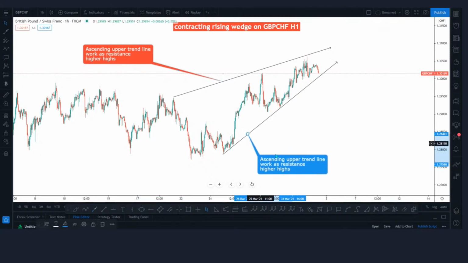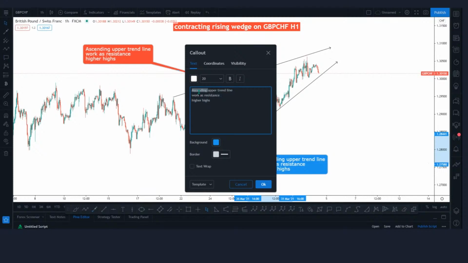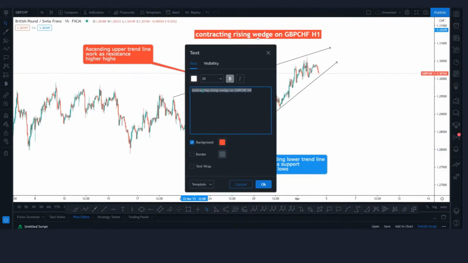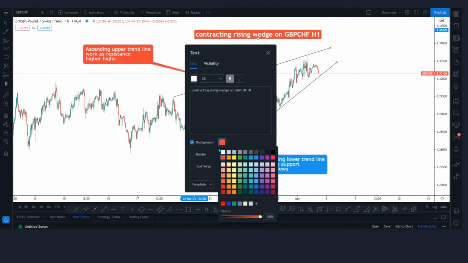The lower trend line works as support for you. So basically you have higher highs here and higher lows here, but you are contracting. So this is a contracting rising wedge.